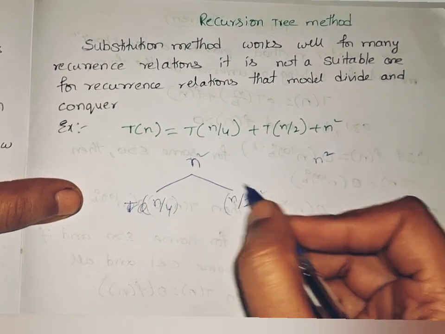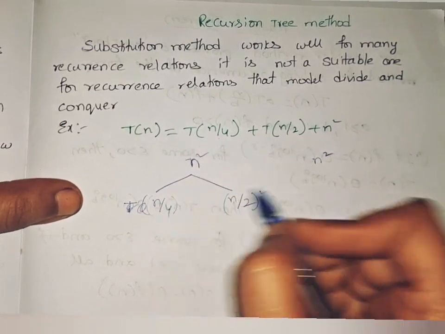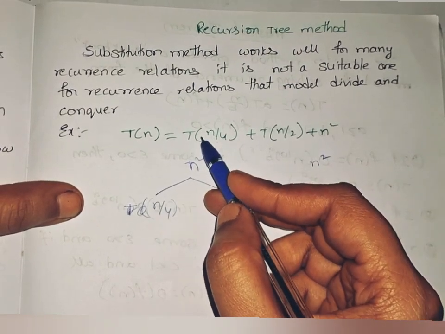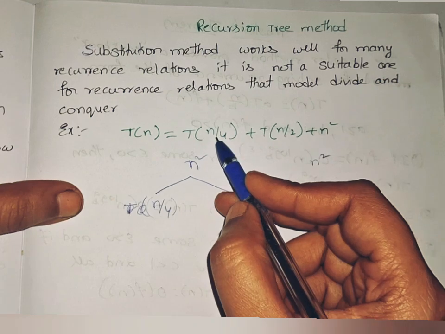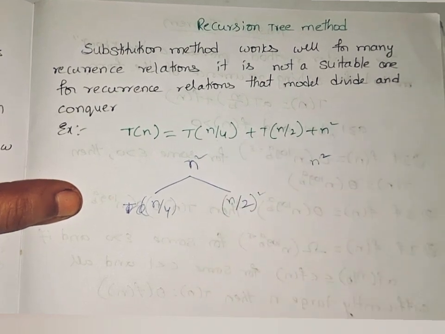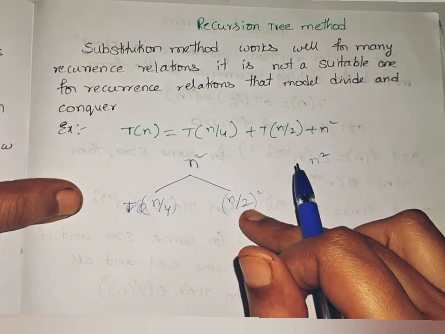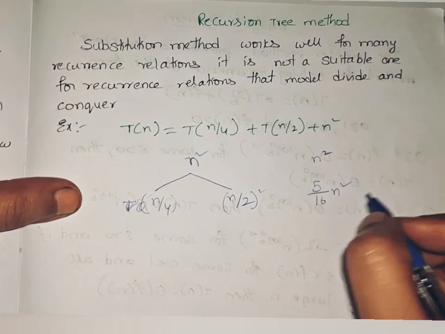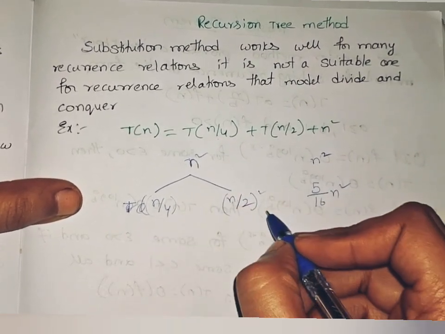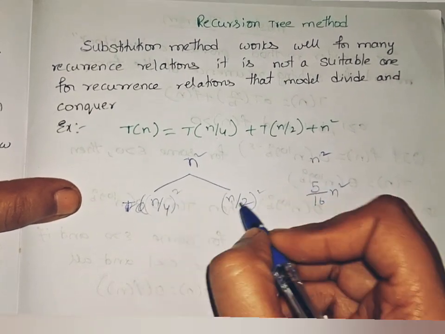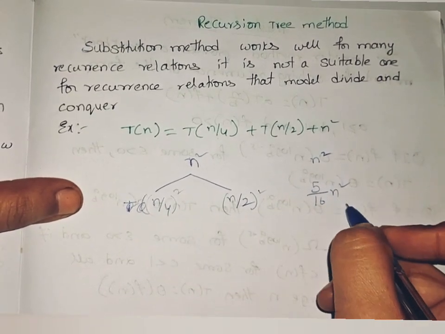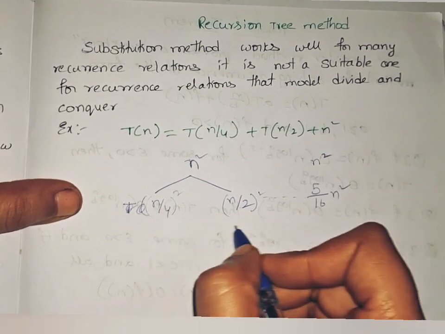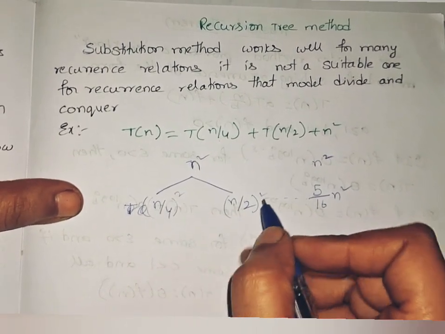If you place n/4 and n/2 in the given recurrence relation, n/4 becomes (n/4) whole square and n/2 becomes (n/2) whole square. Combining these two values, (n/4)^2 and (n/2)^2, gives 5/16 n^2. This is the cost taken for dividing the problem into these two problems.